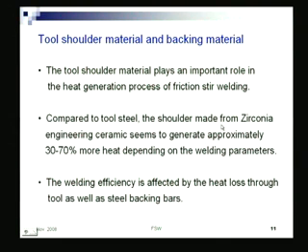Compared to tool steel, here some example has been given. The shoulder made from zirconia engineering ceramic seems to generate approximately, you see the difference, 30 to 70% more heat depending on the weld parameters. Weld parameters means nothing but F and RPM, downward force and the RPM, the two basic parameters.